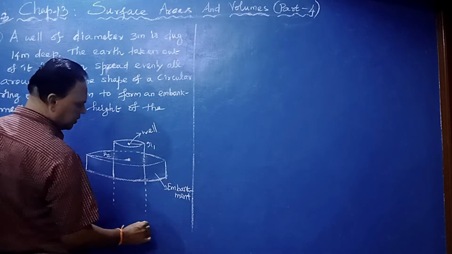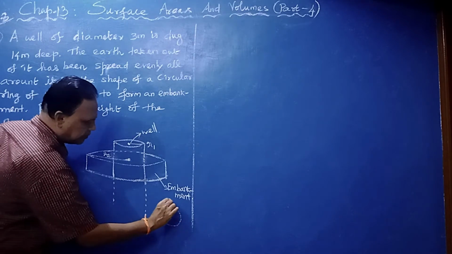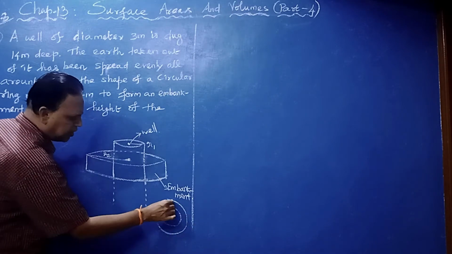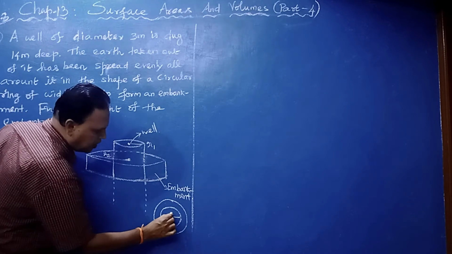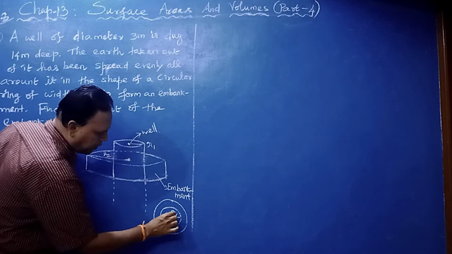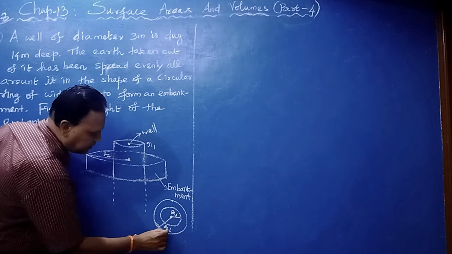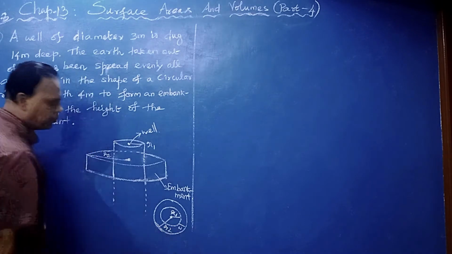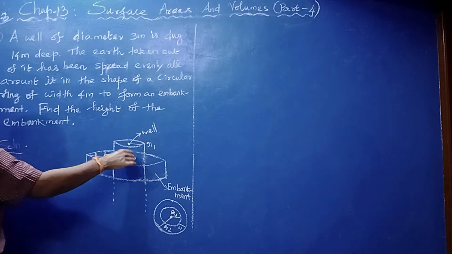The shape you will get is a circular ring type. This is R1, and R2 is R1 plus width. This one is the width. Understand? Circular ring type you will get.